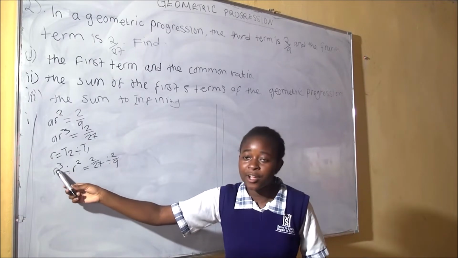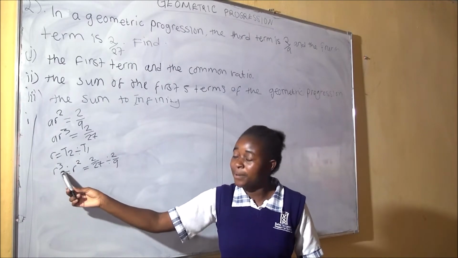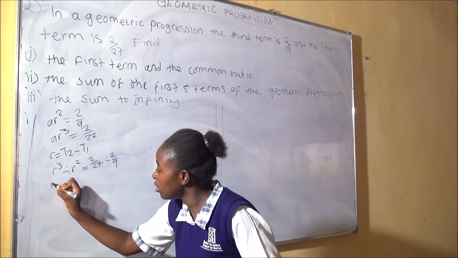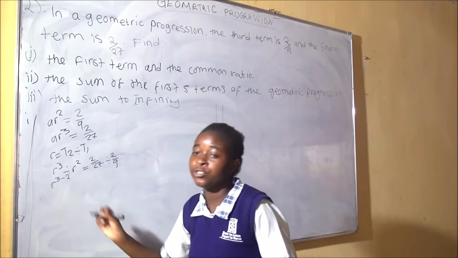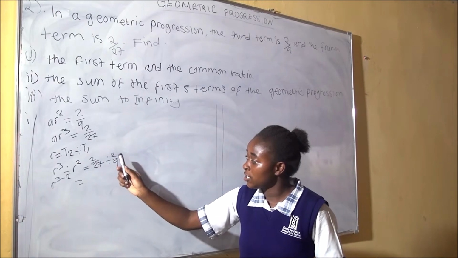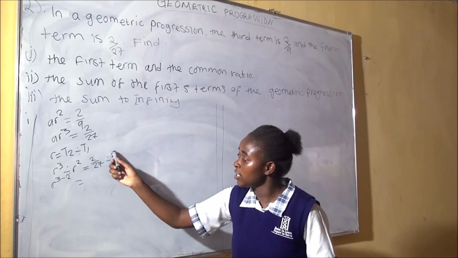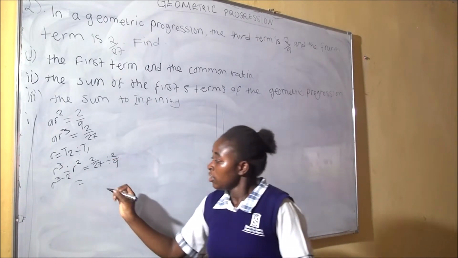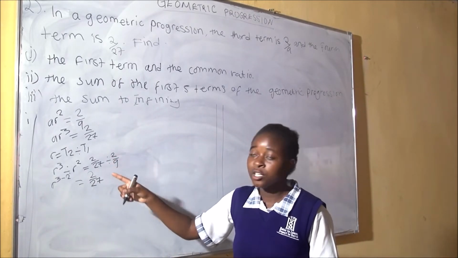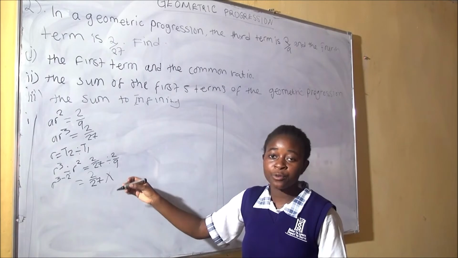Here we divide a r cubed by a r squared. As the laws of indices state, if the bases are the same, when dividing you subtract the powers. So we have r to the power 3 minus 2 equals, and here the division changes to a multiplication sign, then the 2 and the 9 swap.